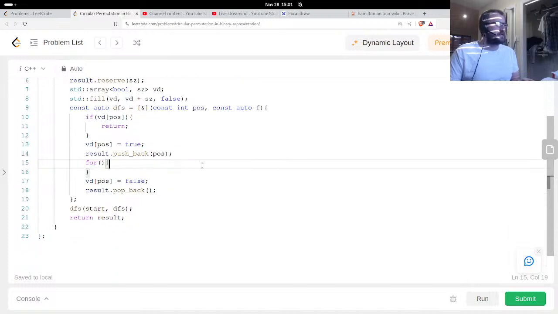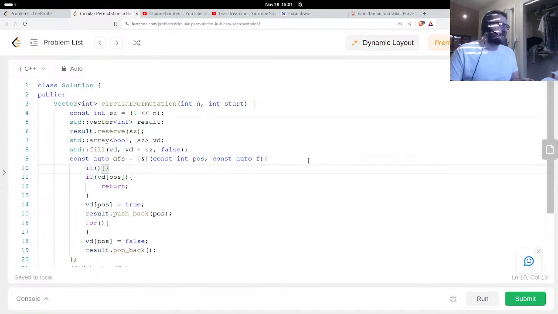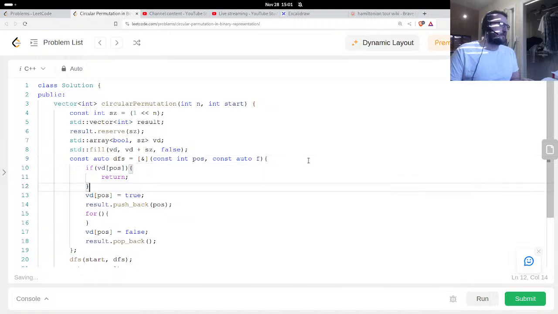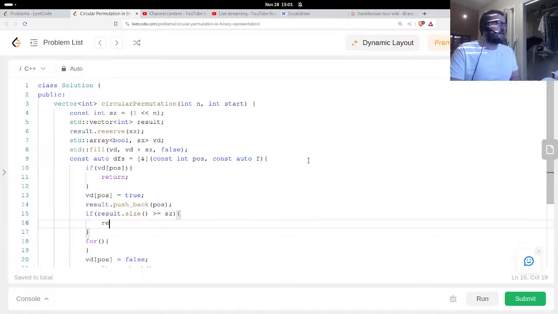Right, it's going to modify the state as I go, and then I'm going to say, so if the size is greater than or equal to size, then we're going to return true.